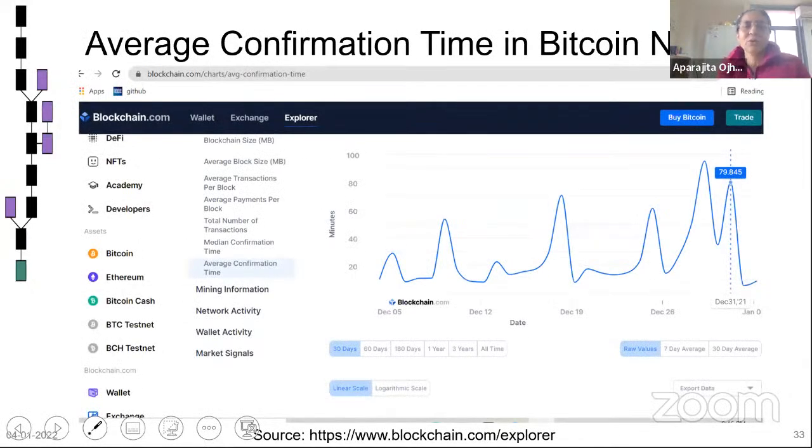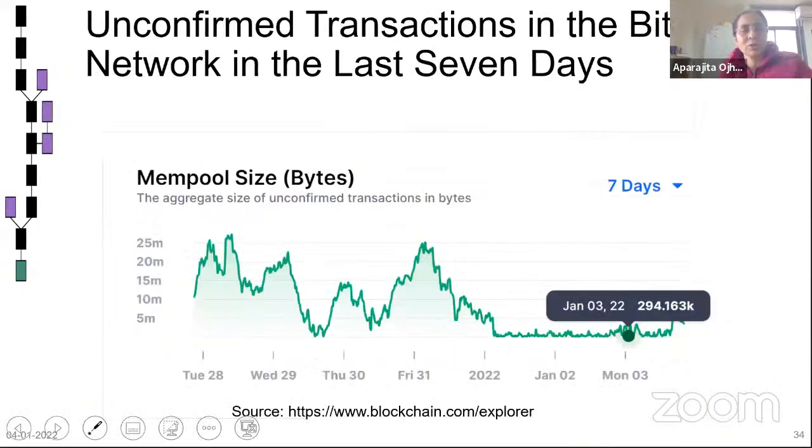So if you look at the average confirmation time in blocks, you saw that on December 31, 21, it was 79 minutes, right? It was even more here. So you can see that these spikes are there, showing that the average time is sometimes too large in the case of Bitcoin blockchain.